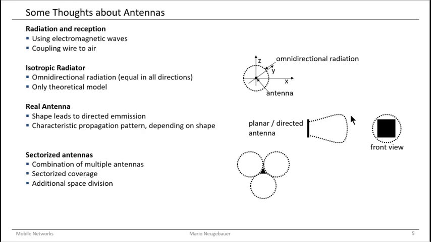And then you can use these kind of real antennas, these planar antennas, for building sectorized antennas like we have in the GSM system. In the GSM system, we have antenna buildings, actually, where we see that there's some pole on the roof, for example. And on this pole, there are sometimes several antennas emitting in different directions.